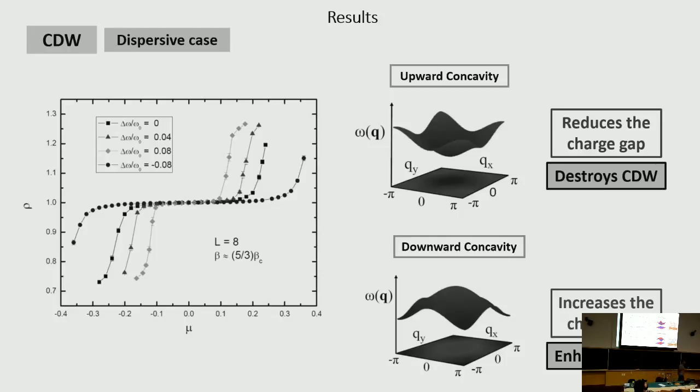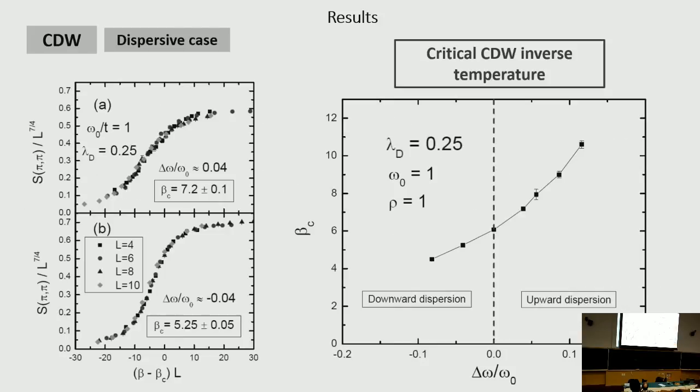I enhance charge correlations with this phonon dispersion here. And this is much more evident when we repeat the same procedure that I showed you before concerning the data collapse using 2D Ising exponents. And I see that, for instance, for the upward concavity case, beta, the inverse of temperature, increases.